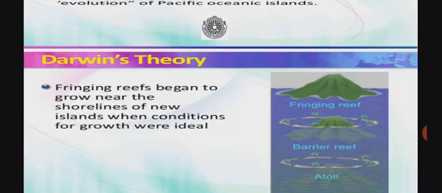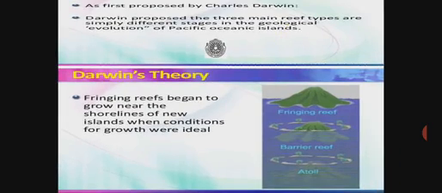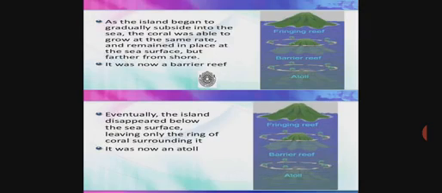And finally that barrier reef later gives rise to a kind of reef called an atoll reef. So this is the highlight of what is known as Darwin's theory.